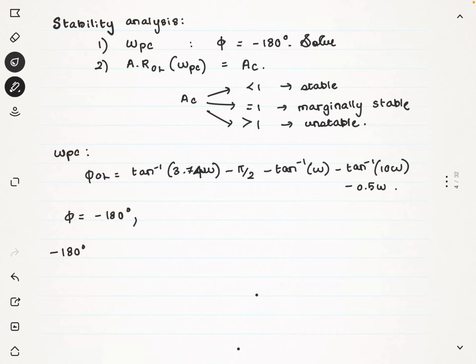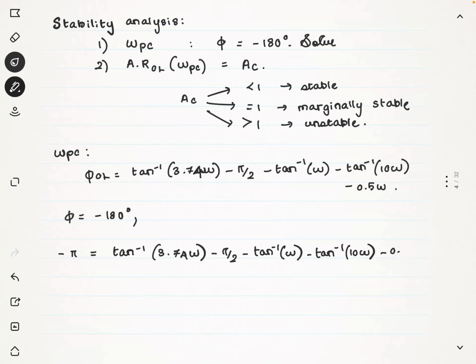It should be minus 180 degree, which will be minus pi radian, because the unit of crossover frequency will be in radians per minute or radians per second. So when you solve the equation, minus pi equals tan inverse 3.74 omega minus pi by 2 minus tan inverse omega minus tan inverse 10 omega minus 0.5 omega.